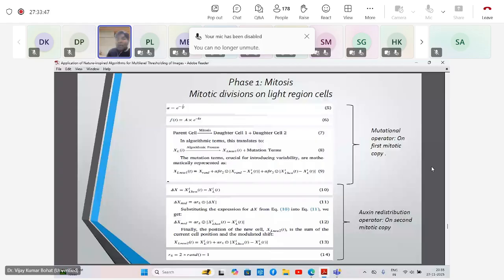The algorithm will lose its cell generation capacity. This will result in increased exploitation of the solutions found so far in the later phases. That is how we mathematically model alpha.